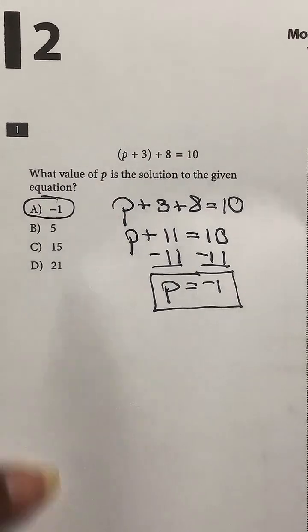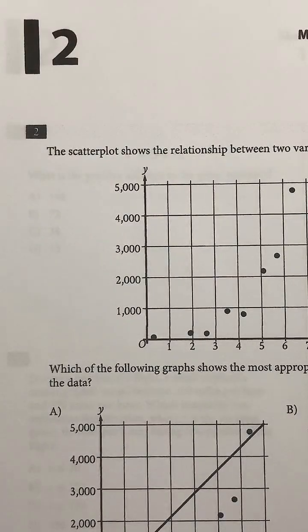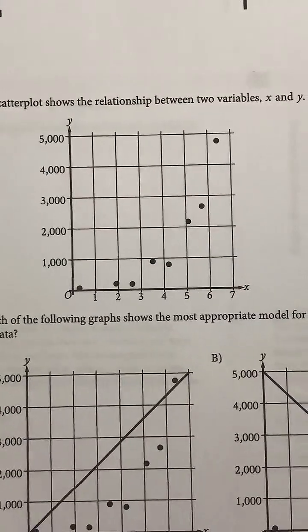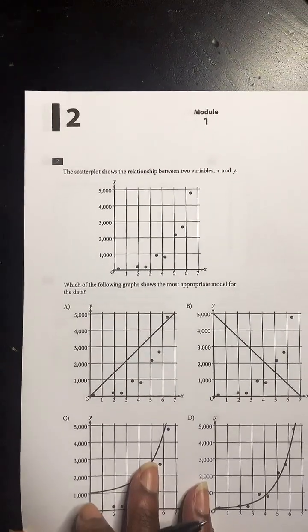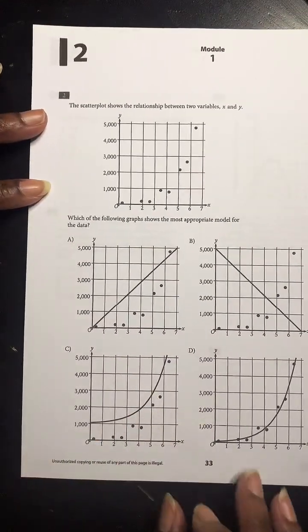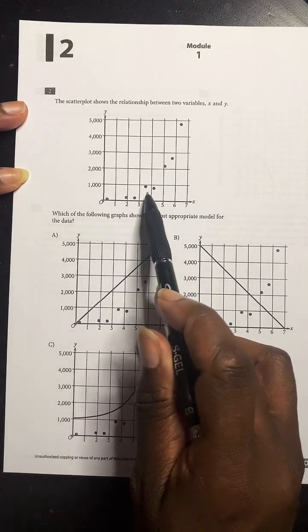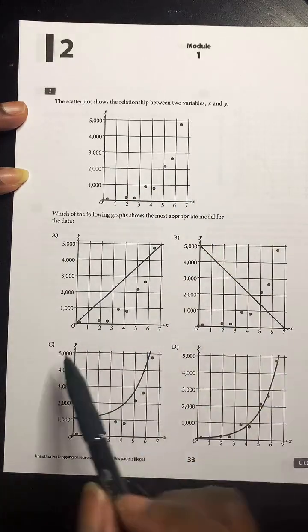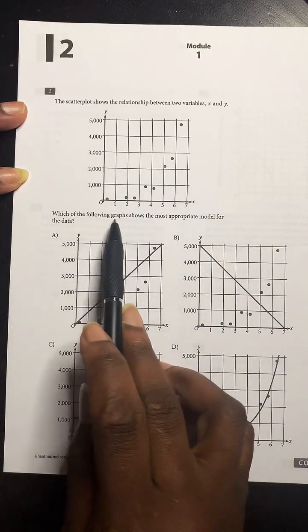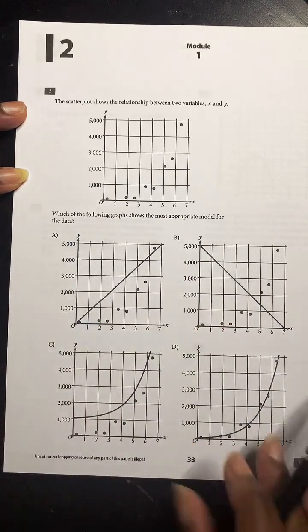Okay. So now, the next one is a little bit complicated. Not really complicated, but it's complicated for me to try to put everything on here. So I'm going to have to shrink what we got here. So we have a scatter plot going on here. You can kind of see a little bit of the dots. And they just want to know which of the following graphs shows the most appropriate model for the data.